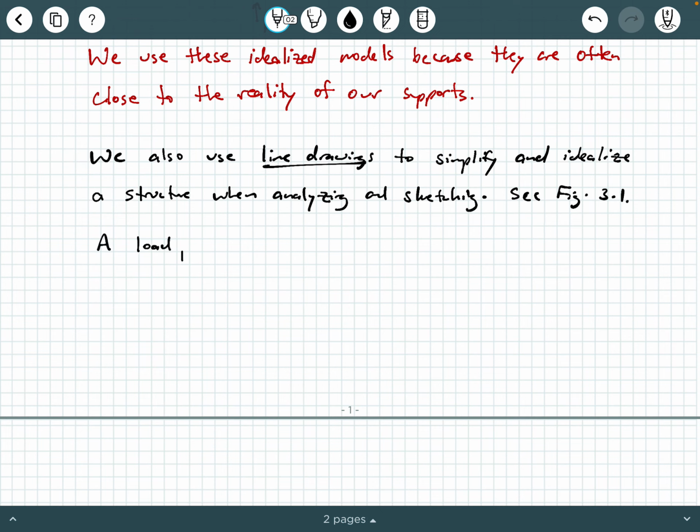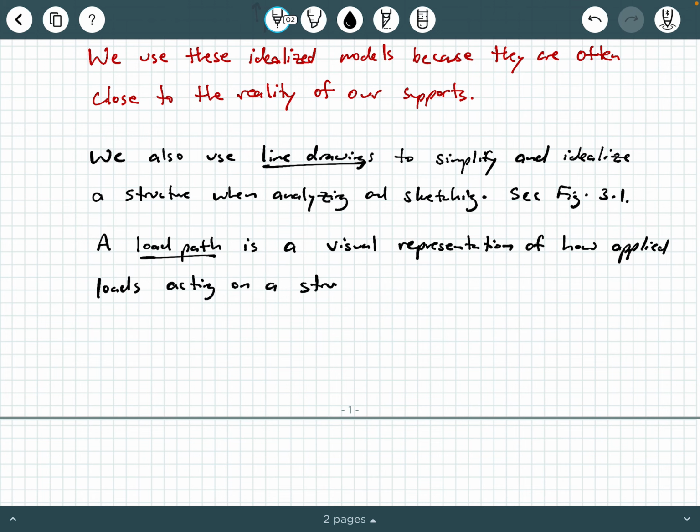A load path is a visual representation of how applied loads acting on a structure are transmitted from one structural element to another.